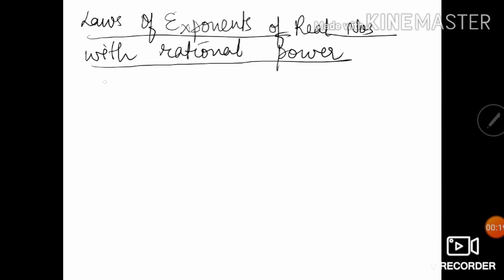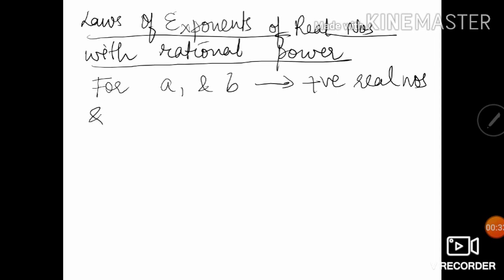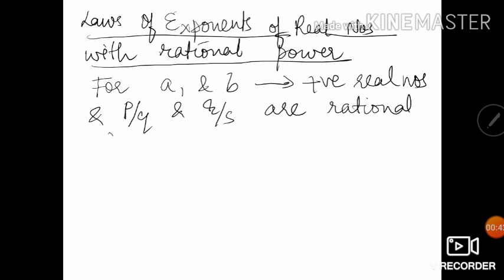So, for two numbers a and b that are positive real numbers, and p upon q and r upon s are rational numbers, provided q is not equal to 0 and s is not equal to 0, because a rational number with denominator 0 is not defined.